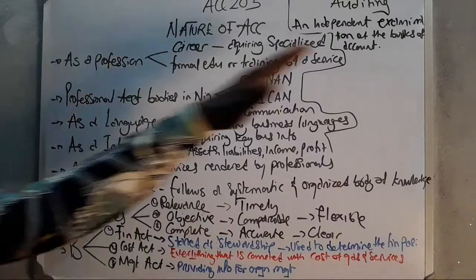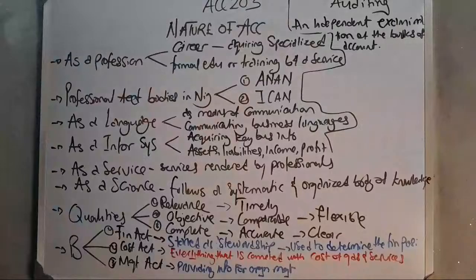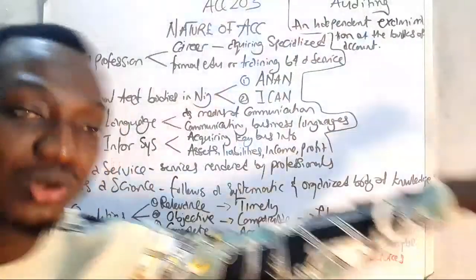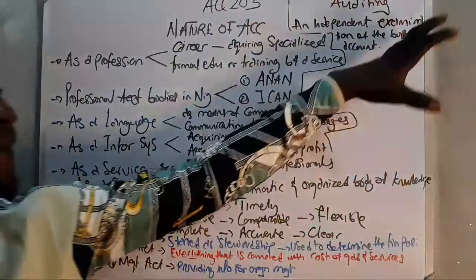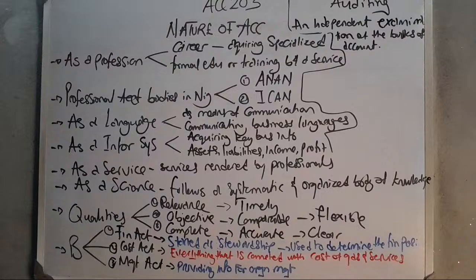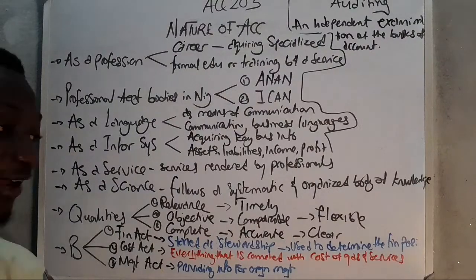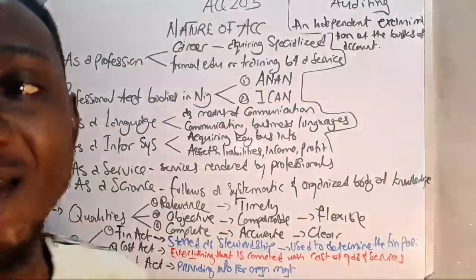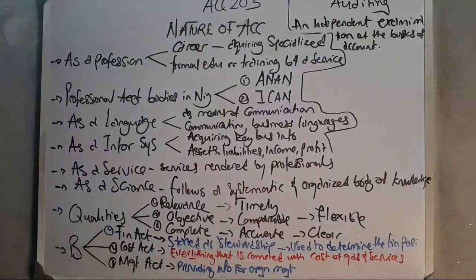So an independent person does the scrutinization of the books of accounts of an organization, in order to check the accuracy and look out for any loopholes. Maybe there has been fraud or things like that.